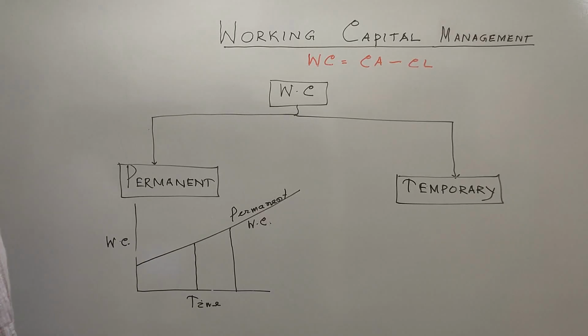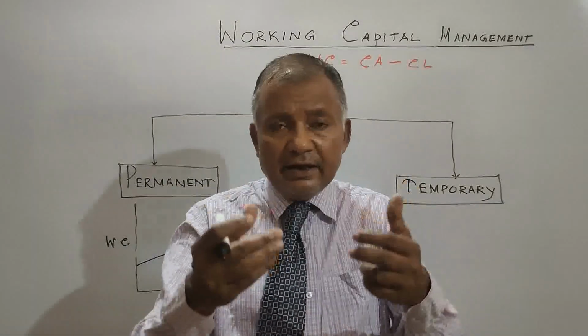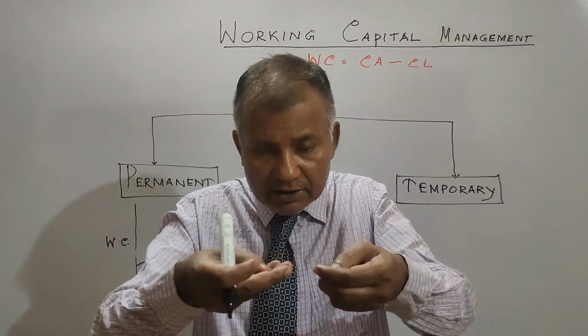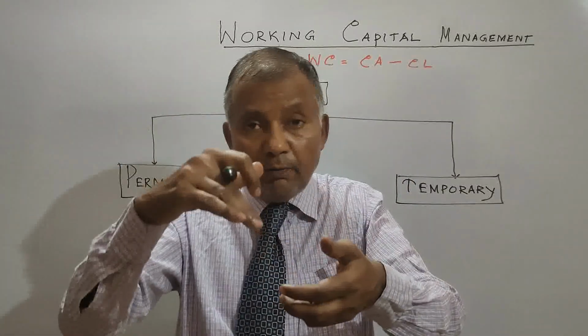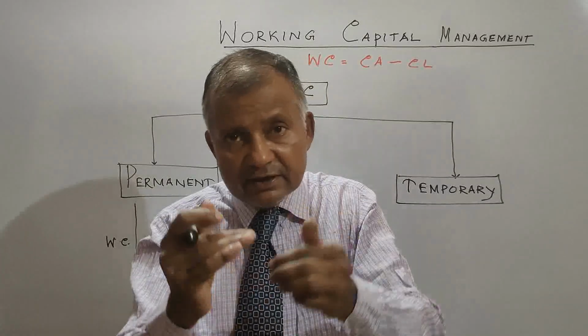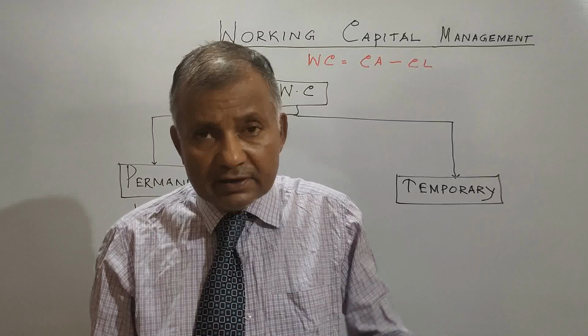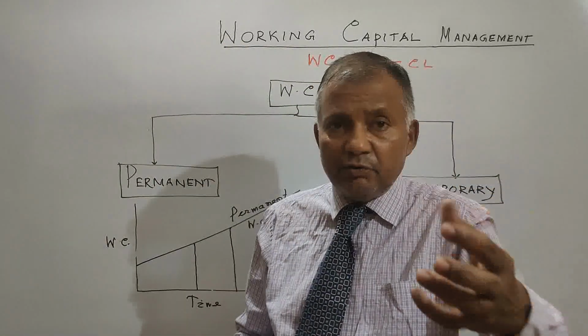Similarly, there is another working capital, that is your temporary working capital. Temporary working capital is needed sometimes when production increases due to overflow of orders, and sometimes there is a change in the need of working capital. I can give you one example.